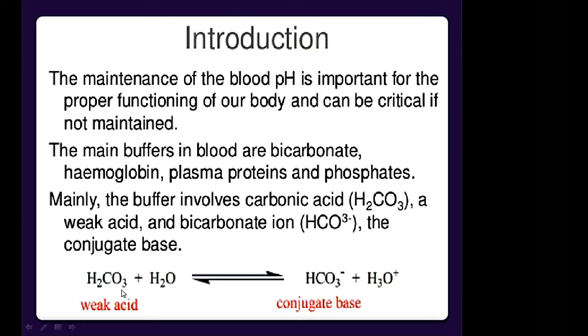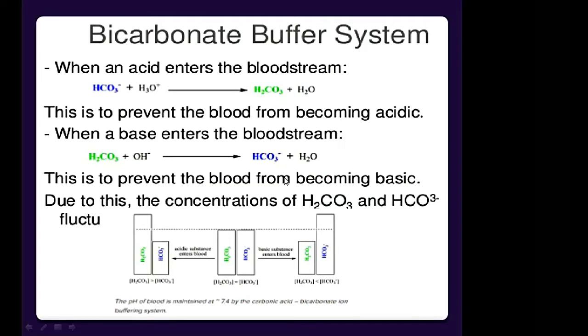The weak acid H2CO3 reacts with water to give the conjugate base, bicarbonate ion HCO3 minus, plus H3O plus. This forward and backward reaction is maintained at equilibrium so that the pH of the blood is maintained. So this acts as the bicarbonate buffer system. We'll see this bicarbonate buffer system in detail.